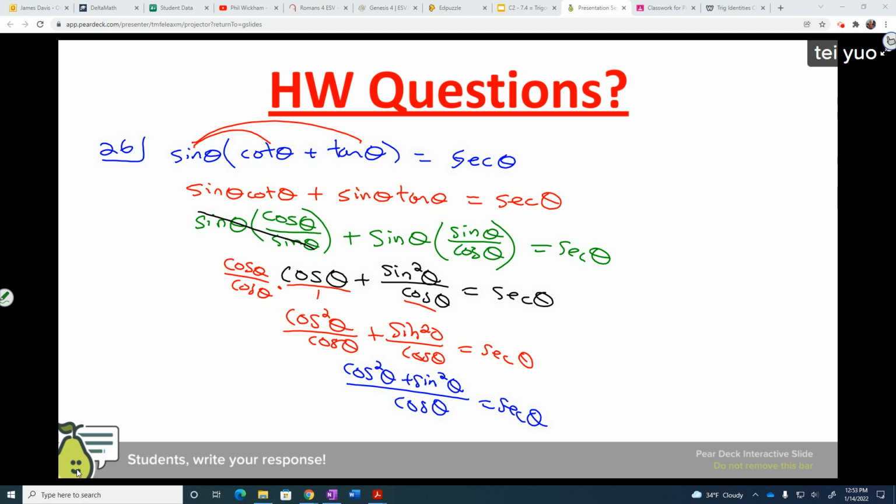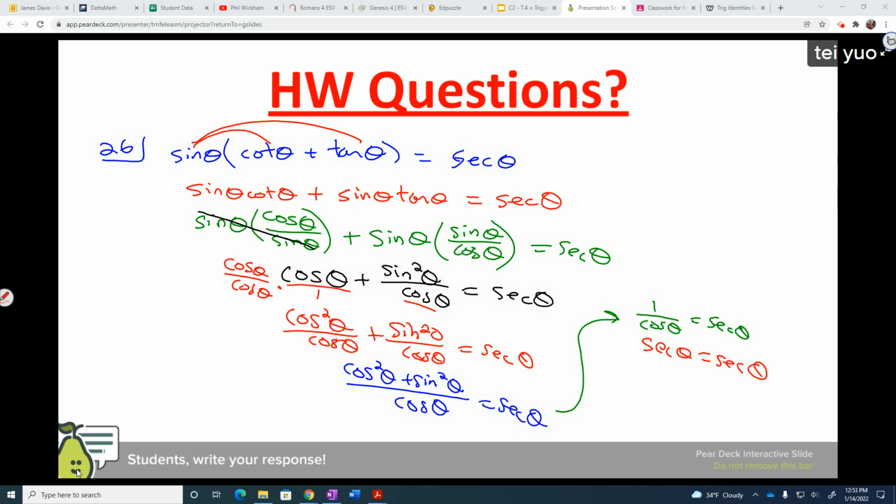Cosine squared and sine squared give you 1. So we have 1 over cosine equals secant. And 1 over cosine is equivalent to secant. So secant equals secant. It's like the longest one that we'll have, even longer than the ones today as well. So if you get that, you'll be in good shape.